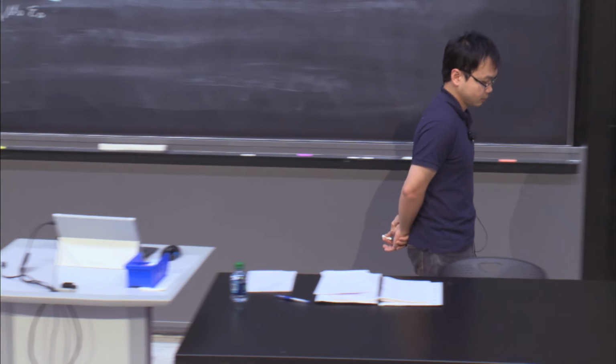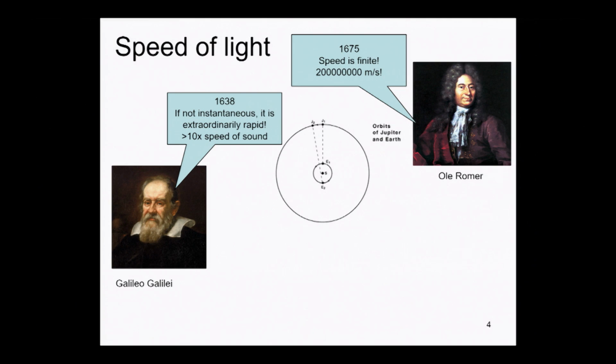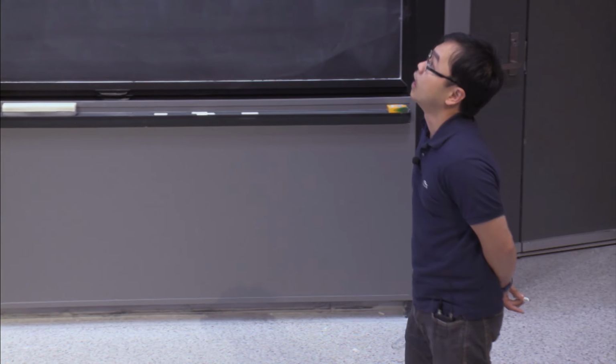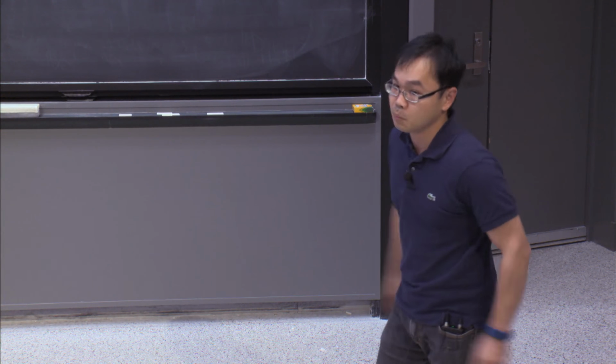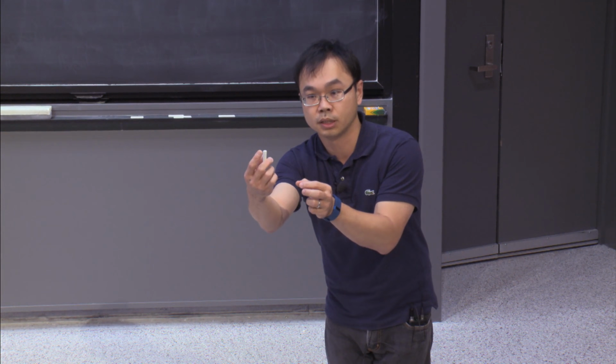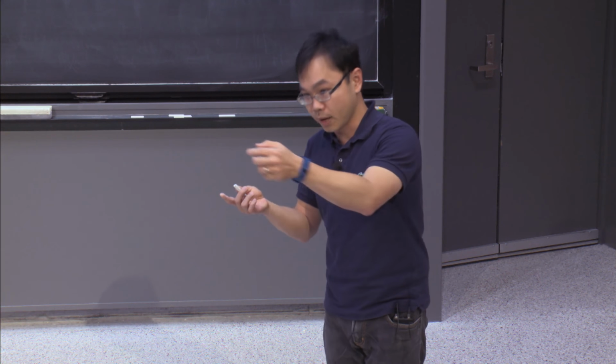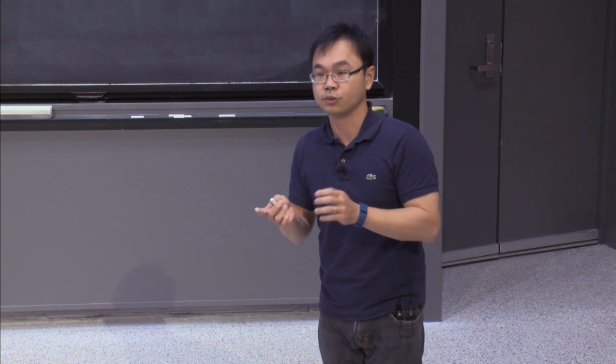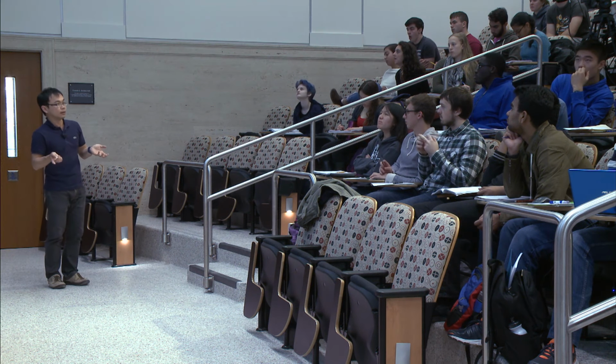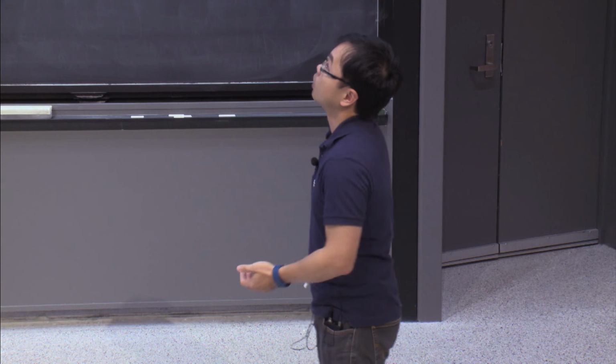And later, Euler made use of the orbit of Jupiter. Basically you use Jupiter and the Jupiter satellite to measure the speed of light. When the Earth is closer to Jupiter, the satellite of Jupiter appears faster than when the Earth is away from Jupiter, because the light has to travel an additional distance, 2 times the radius of the orbit of the Earth.